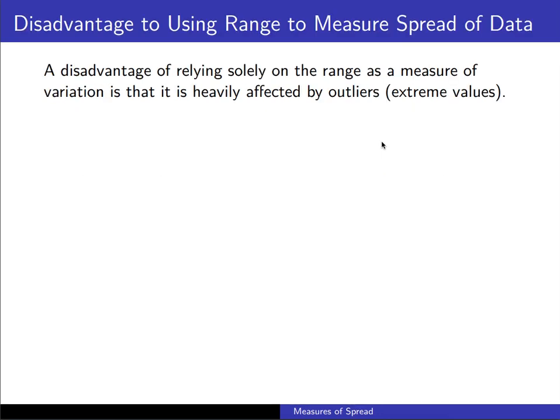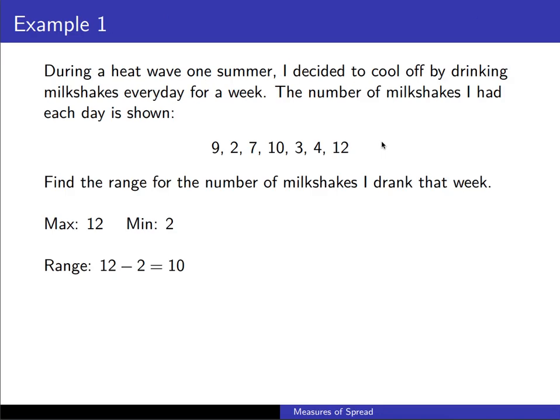Now, a disadvantage to relying solely on the range as a measure of variation, also known as a measure of spread, is that it's heavily affected by outliers or extreme values. So for instance, let's say one day I had like 30 milkshakes, then my range would be 28, because 30 minus 2 is 28.